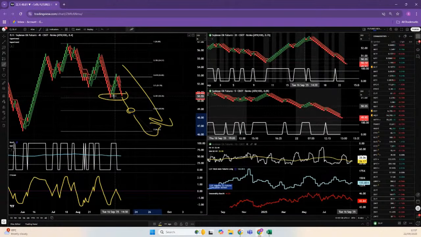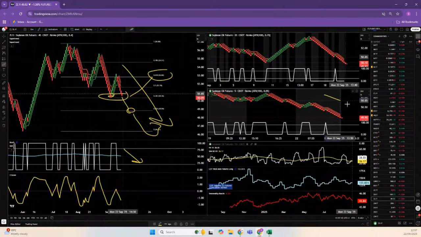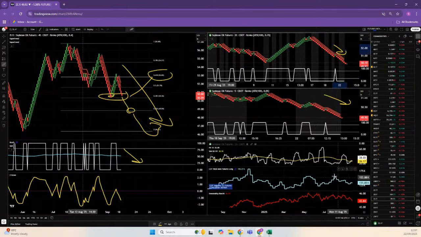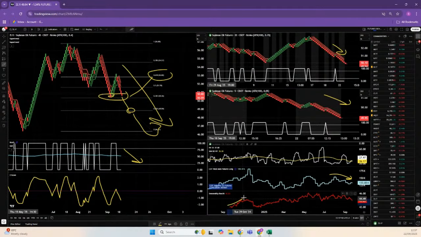If it does provide support in this area, you can use the ladder to go back up, but it feels a bit rangy to the upside, to that $53 area. All a bit weak in all the other zones, and large speculators pointing down. Seasonality wise, again, keep it on your cards to watch out for.